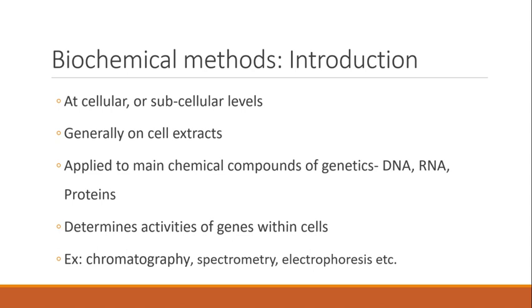Biochemical methods are applied to the main chemical compounds of genetics, which include DNA, RNA and proteins. But when we're talking about the level of chromosomes, that becomes the exclusive discipline of cytogenetics. Okay, so now I think it is getting clearer.